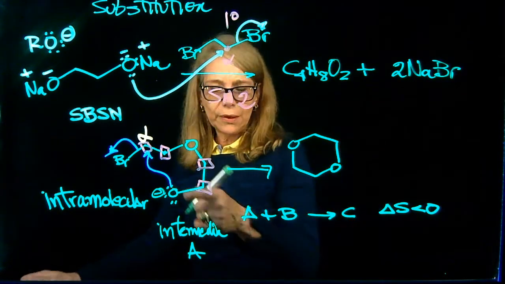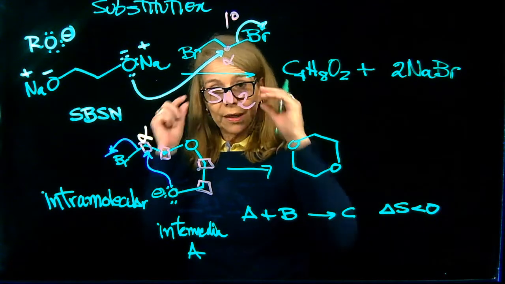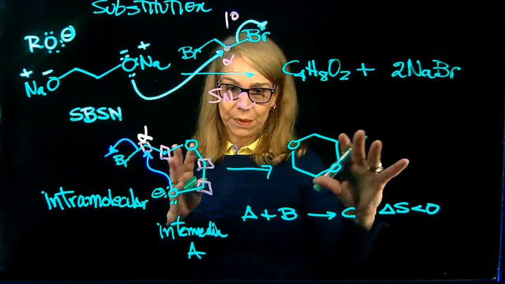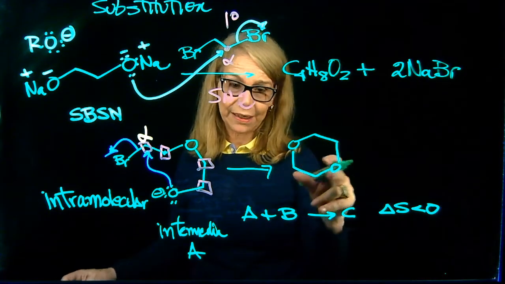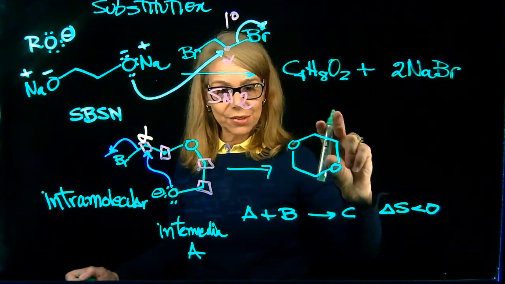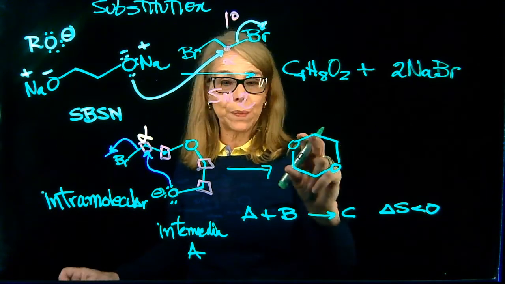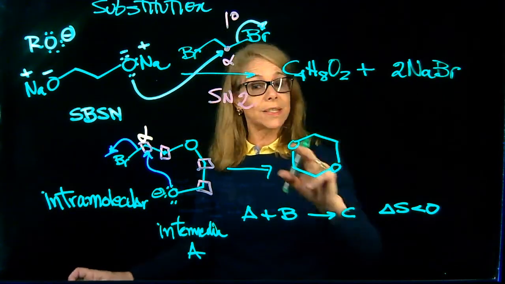However, if the attack happens internally, there is somewhat a decrease of entropy because it is restraining the movement, forming a cyclic structure, but not as much. So in this process, entropy decreases much less.